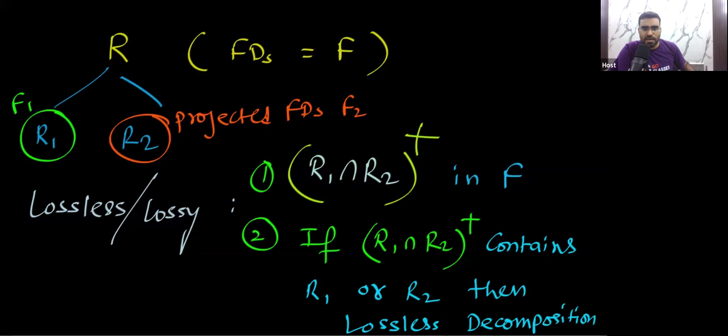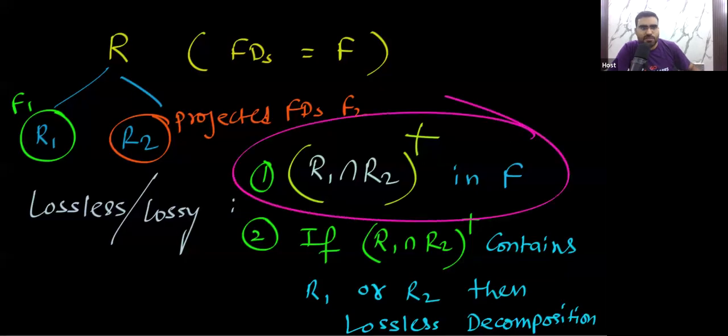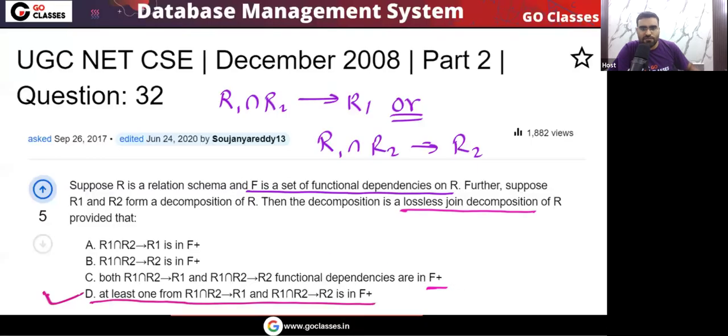Very simple. Remember, in this question we use F plus because we find the closure with respect to the functional dependencies of the original relation. Is this clear? Did you understand this? So for this question, the answer will be option D.